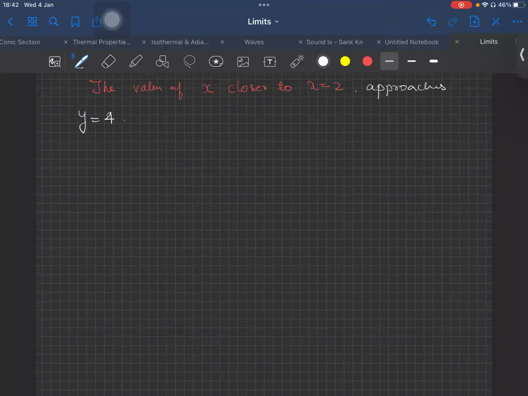That means it is following the function x square, y is equal to x square. Understood? So that we call tends. Okay, so we can write limit x tends to 2 g of x, that is equal to 4.